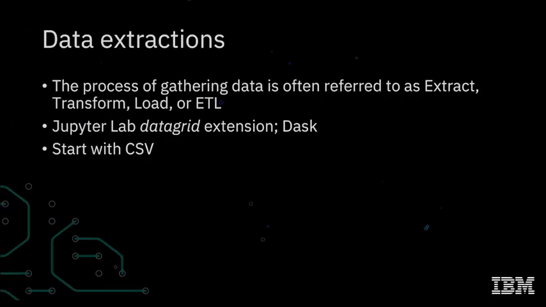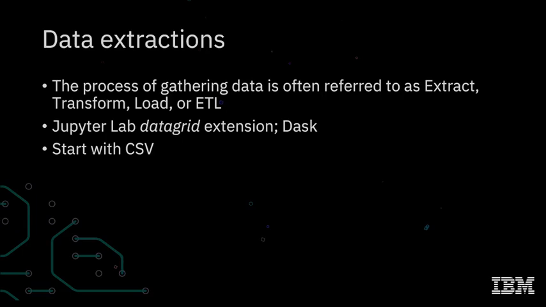The process of gathering data is often referred to as extract, transform, load, or ETL. Data is generally gathered from heterogeneous sources, cleaned or transformed, and loaded into a single place that facilitates analysis. Before the advent of the modern data scientist toolkit, data was often staged in a database, data lake, or data warehouse.